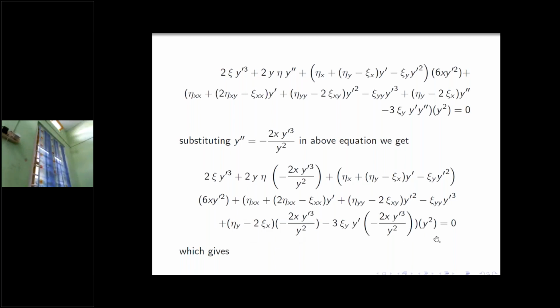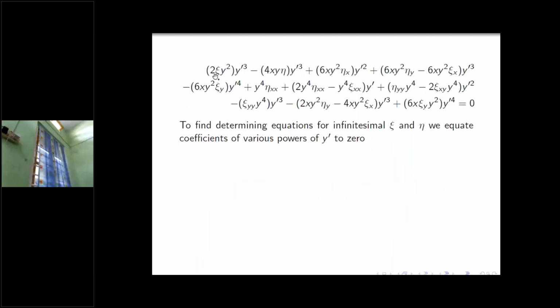We get this equation, and on further solving this, we get 2 xi y square y dash cube minus 4x y eta y dash cube plus 6x y square eta x y dash cube, 6x y square eta y, and all these terms. So we get this equation, and from this, to find the determining equations for the infinitesimals xi and eta, we equate the coefficients of various powers of y dash to 0.